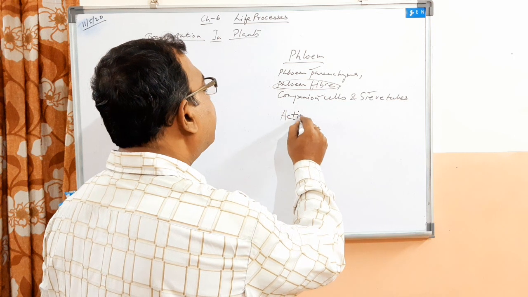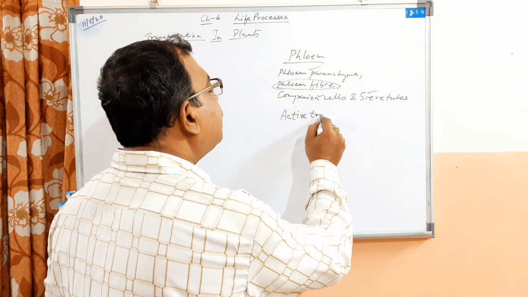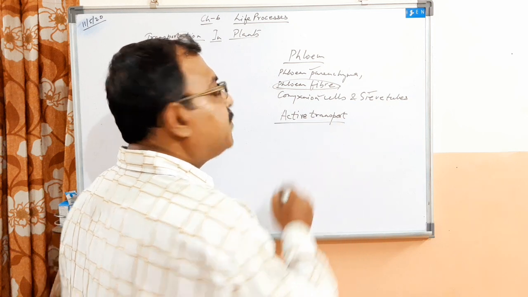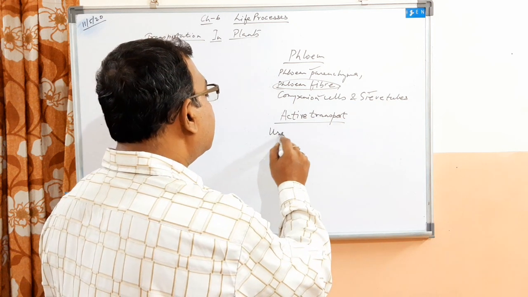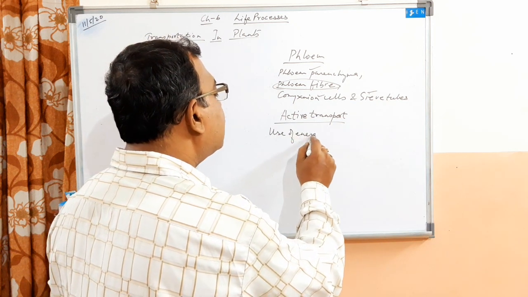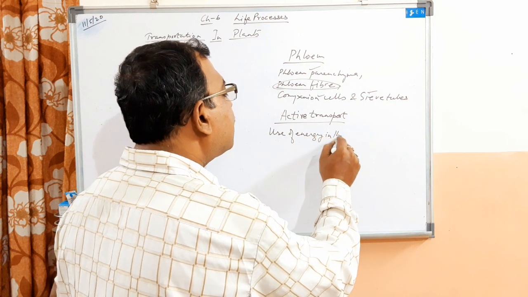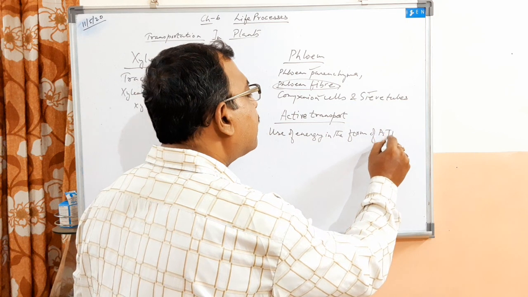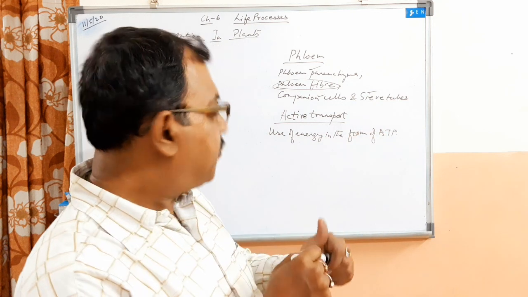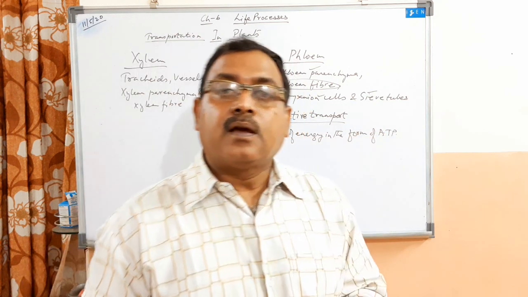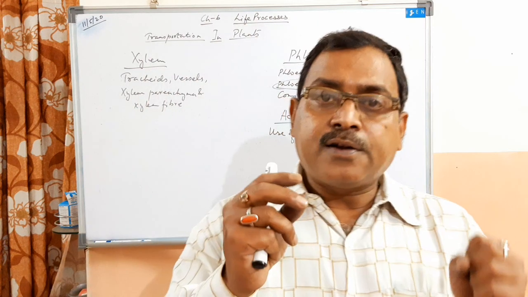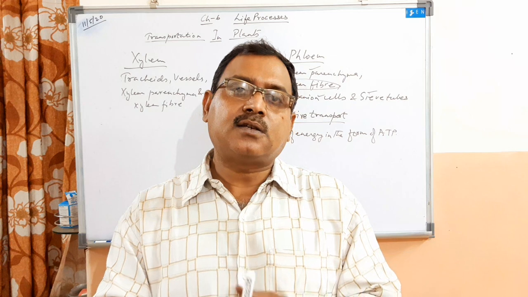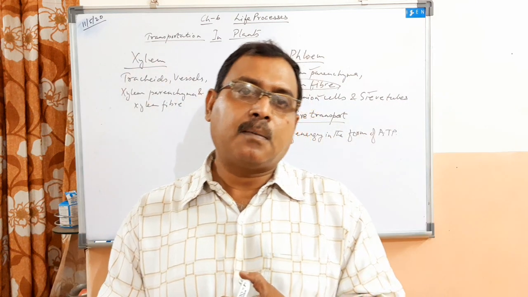Remember, active transport means use of energy in the form of ATP for movement of food from the storage organs to different parts of the plant body.